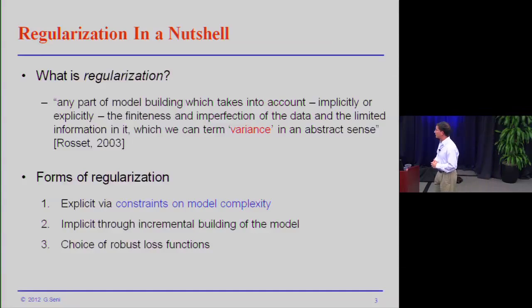Implicitly through incremental model building. Those of you familiar with the boosting algorithm, boosting does an implicit form of regularization that way. And we can also do regularization via robust loss functions.